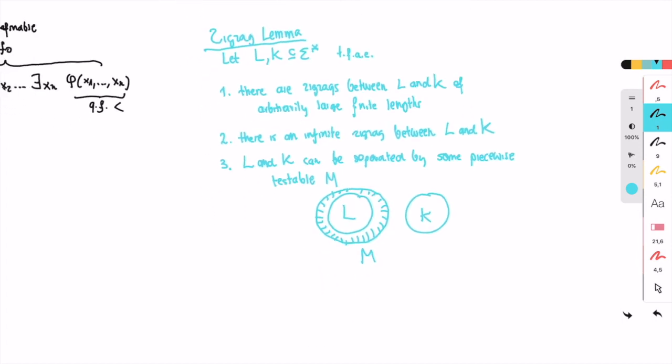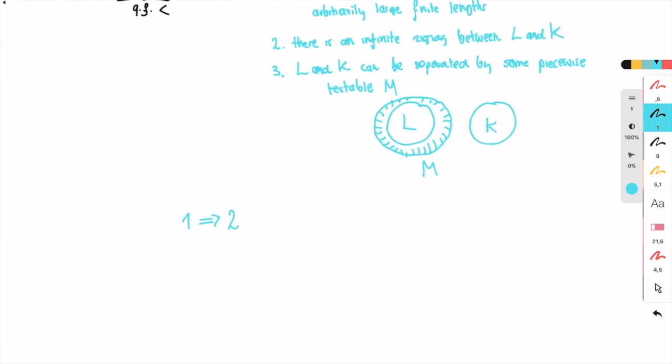So 1 implies 2. If there are zigzags of arbitrary large finite lengths, we want to create an infinite zigzag. And the way we do it is as follows.